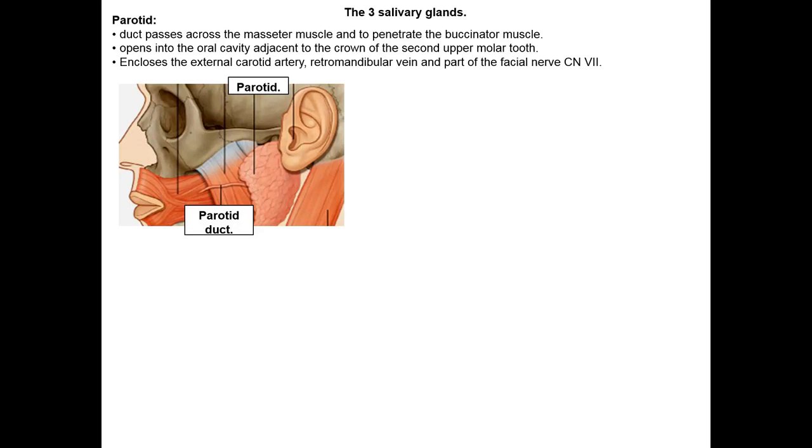which is where the duct has opened. It's important to consider that the parotid gland encloses the external carotid artery, the retromandibular vein, and part of the facial nerve, number 7. Any swelling of the parotid gland, such as in mumps or an infection, or even a benign tumor that grows, will compress these three structures.